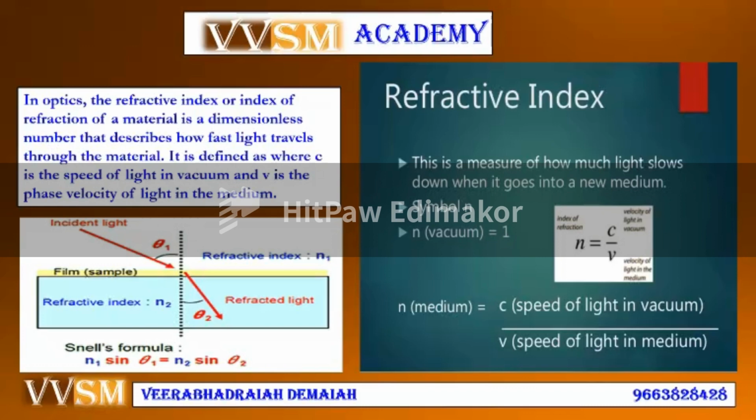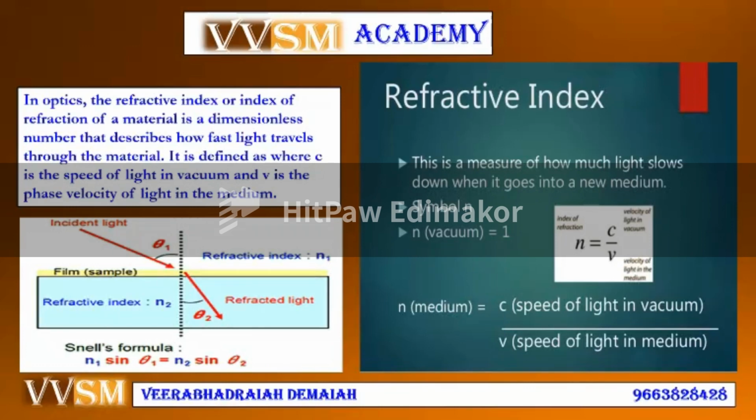The symbol is n, and n in vacuum is equal to 1. So n is equal to c by v, where n is the index of refraction, c is the velocity of light in vacuum, and v is the velocity of light in the medium. That is the relation which helps to solve the problems in the examination.